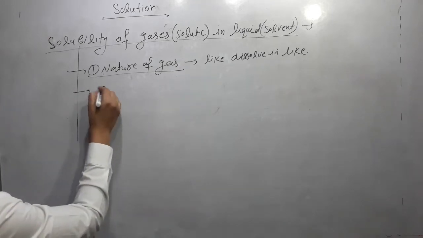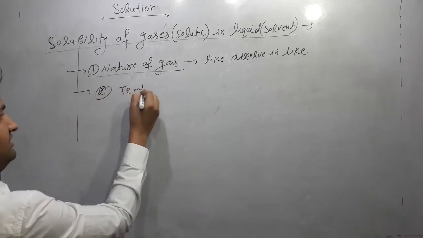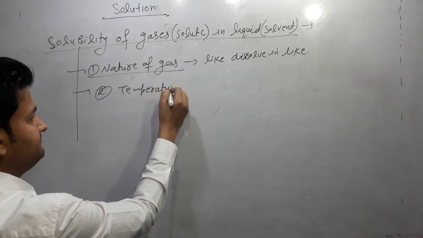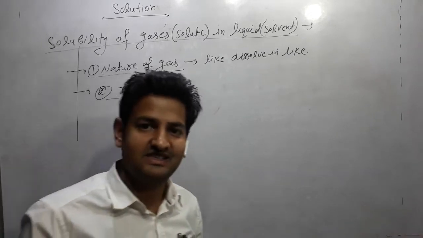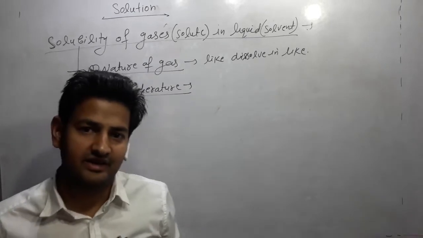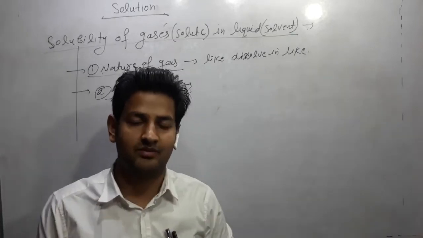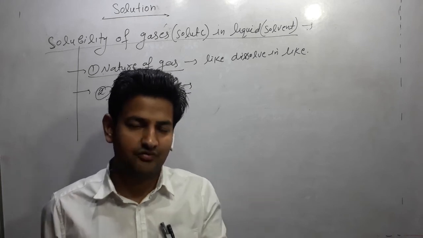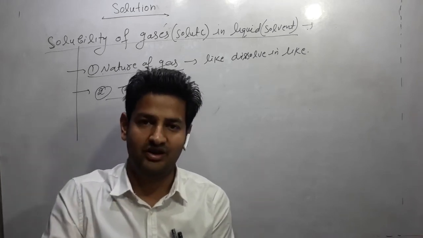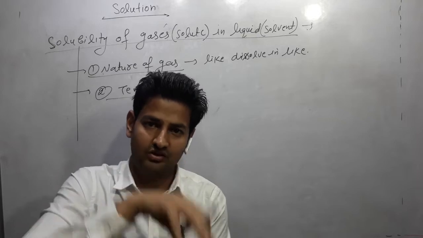Second point is temperature. It is an important point. The solubility of gases in a liquid is an exothermic process. Why is it an exothermic process? Because when gases dissolve in liquid, first they convert into liquid.